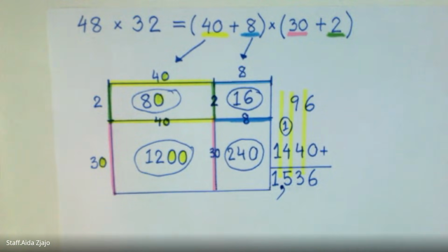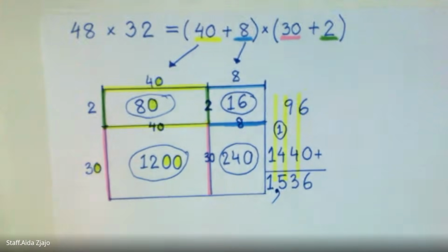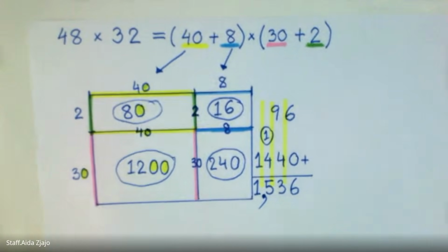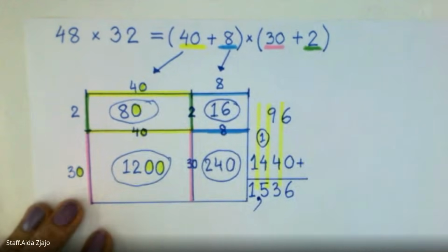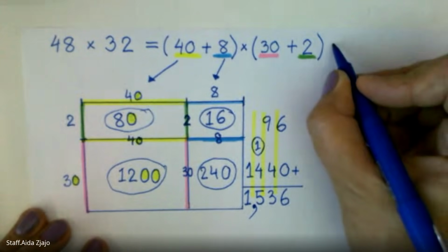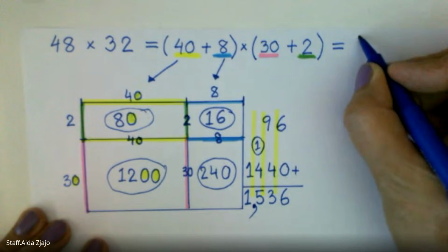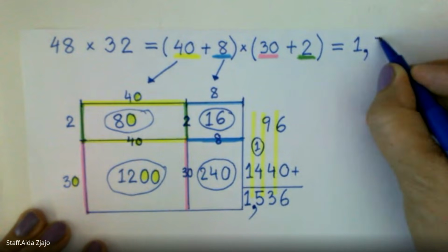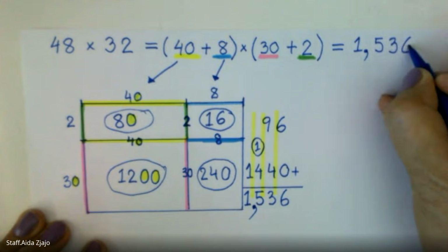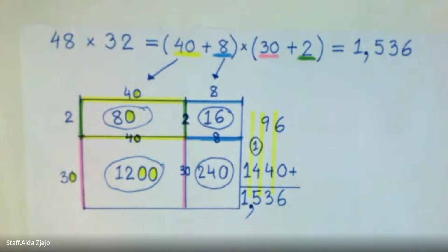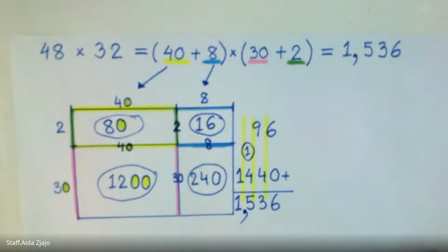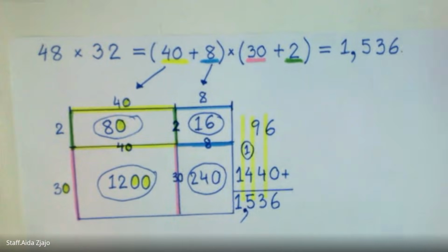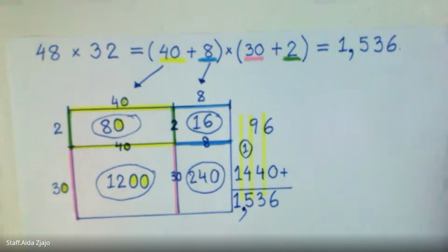So my number is 1,536 as the answer. So I can go and write the answer there for my product. My product is 1,536. Not 'and', sorry, 1,536, because if you say 'and', you have a decimal, but I don't. The decimal is right here at the end, if I needed to think that way.